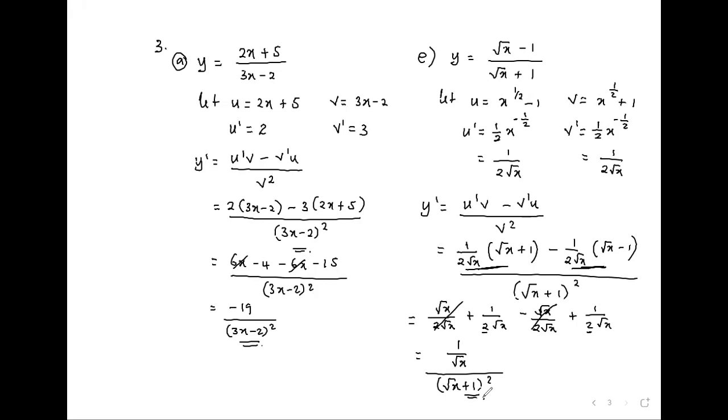So let's go to question 4. Suppose that f and g are functions of x that are differentiable at x equal to 0. That one, at x is 0, they are differentiable.